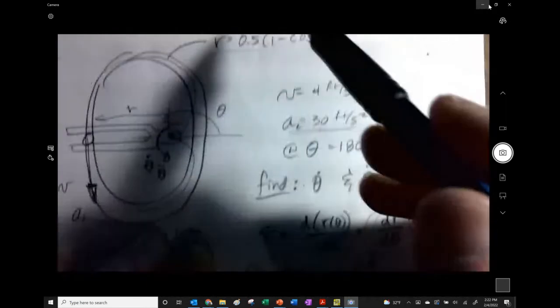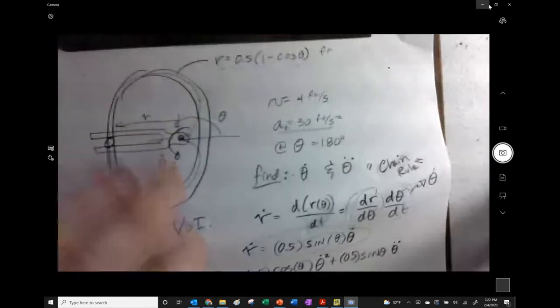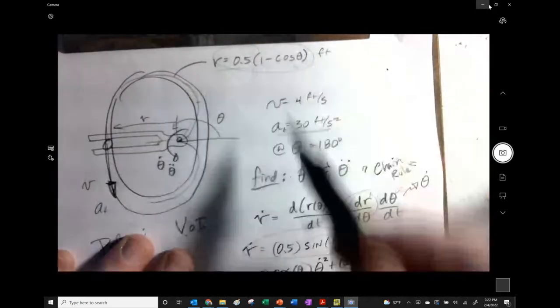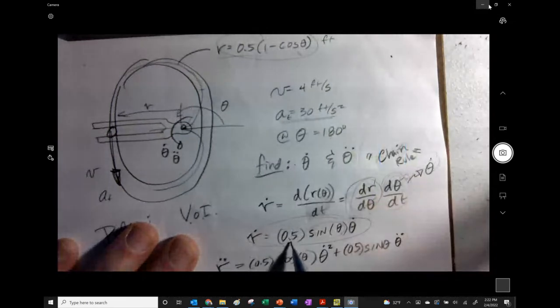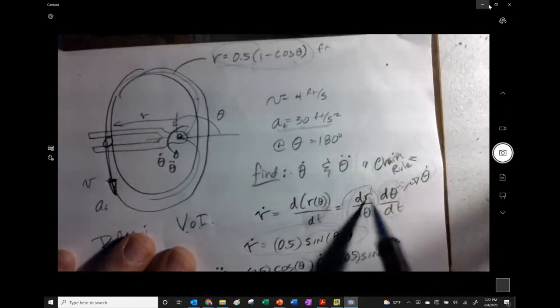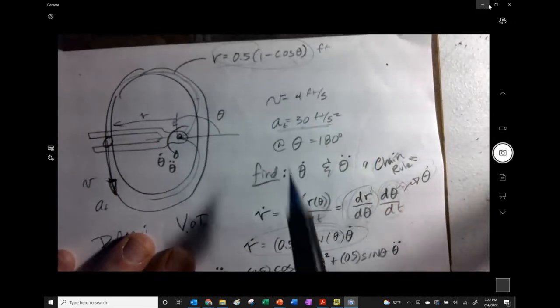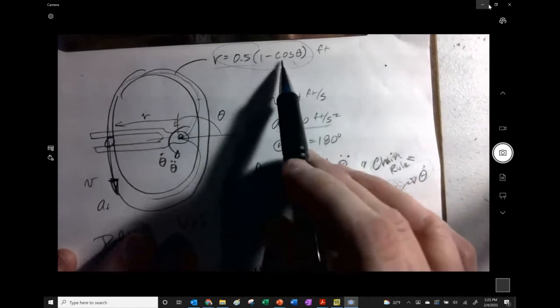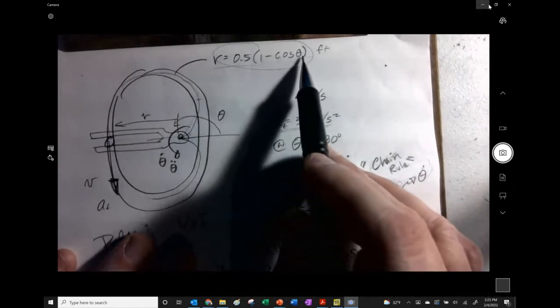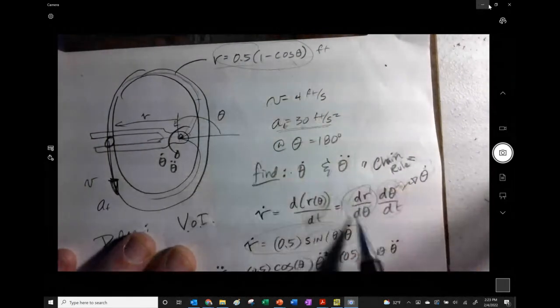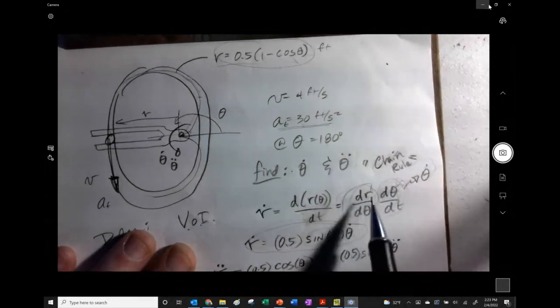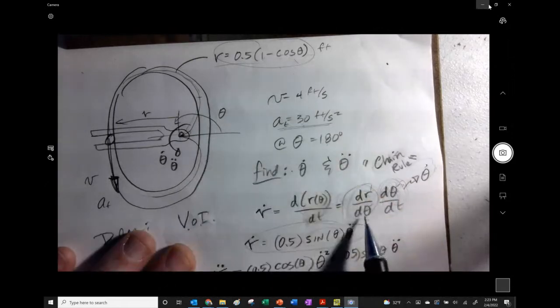All right, so when we went from here to here, recall, we had to use this chain rule. We can't take the derivative of this with respect to time because it's a function of theta. But if we use this right here, it's a way to get around that. So we took the derivative with respect to theta, and then we multiplied on here.